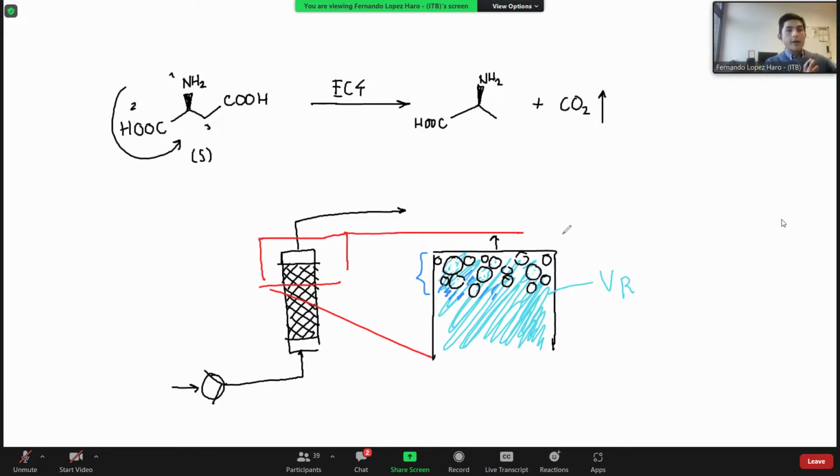But even before that has an effect, because if you remember, for the reaction to occur, the substrate has to absorb into the particle, into the enzyme, and suffer the transformation. Before even that happens, we have a reduction in the effective volume of our reactor.